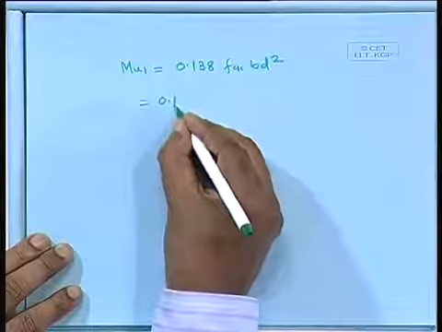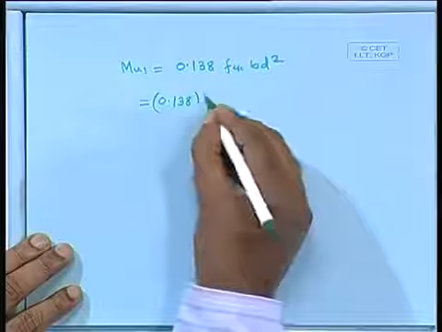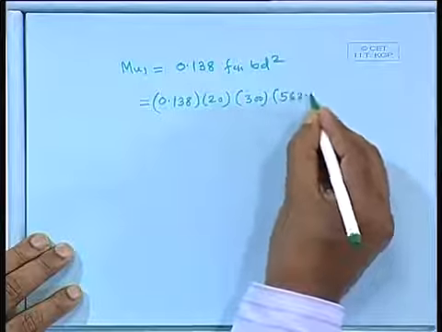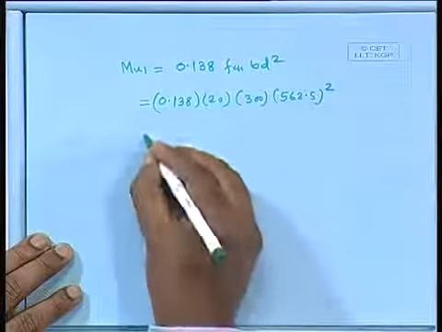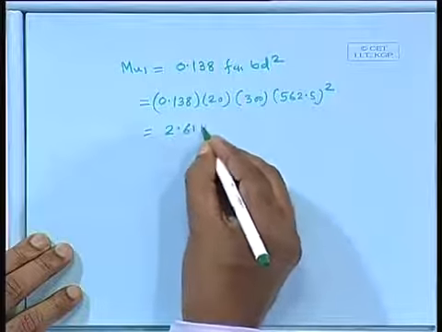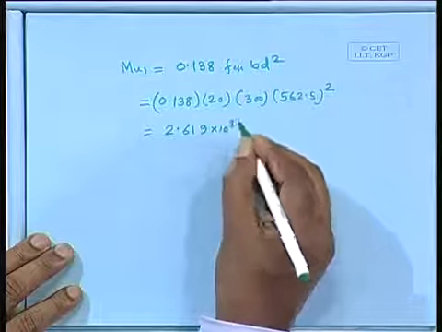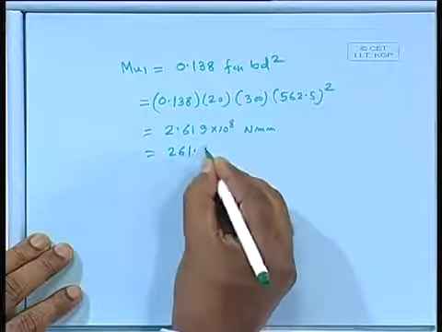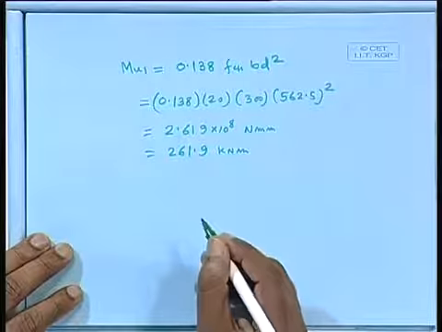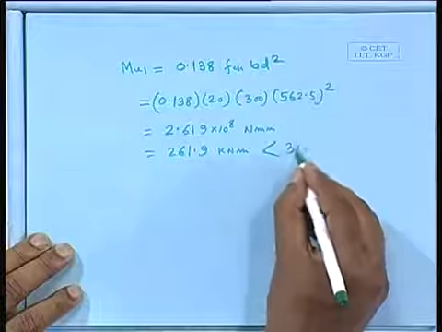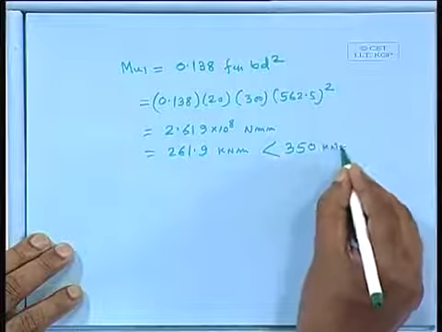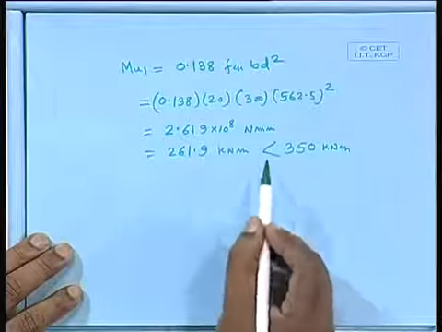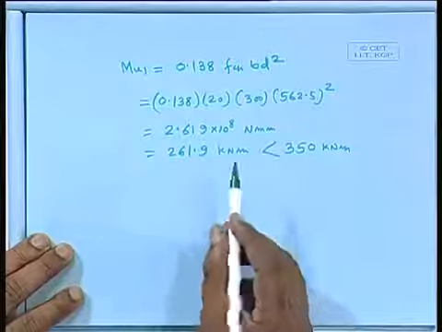It comes as 0.138 times 20 times 300 times 562.5 squared, equal to 261.9 kilonewton meter, less than the applied moment 350 kilonewton meter. That means for the balanced moment we have to provide compression steel.